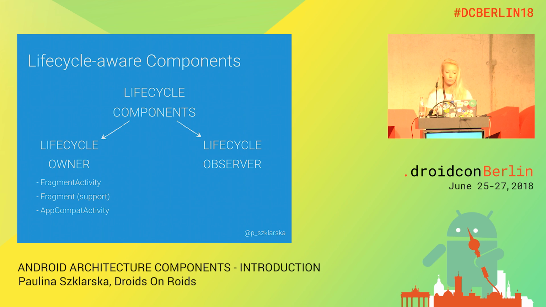So basically, we have two components. We have lifecycle owner, which is basically anything that has a lifecycle, like activity or fragment, or anything based on this, like AppCompatActivity and so on. And on the other side, we have lifecycle observer, which is basically anything that is interested in observing lifecycle changes.